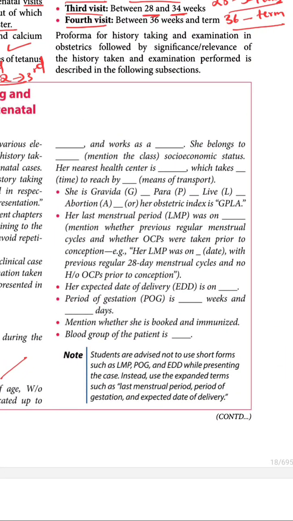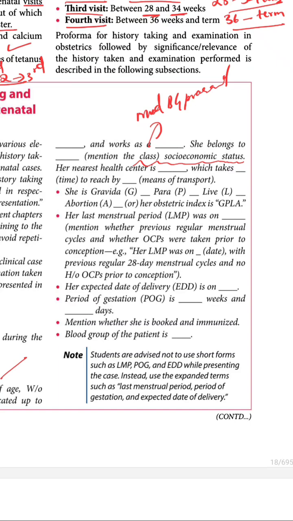She belongs to which socio-economic status according to the modified BG Prasad scale. Her nearest health center is from which place, and how much time does it take to reach the nearest health center.